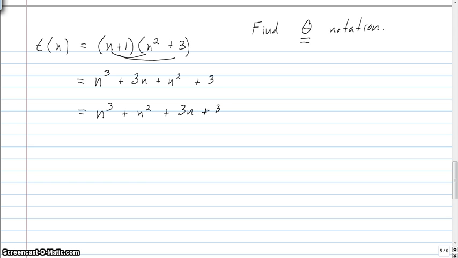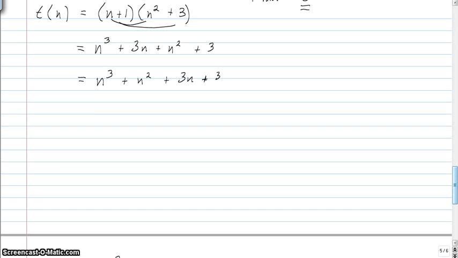Now I can mimic the two examples that we had above. I can take this function and say it's got to be less than or equal. I want to make all of these be n cubed terms, like in my first example I made them all n squared. If I multiply here by n, I made this term bigger. If I multiply here by n squared, I made that term bigger.